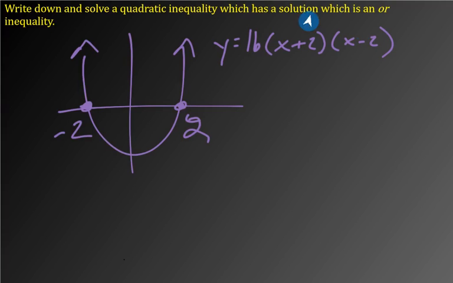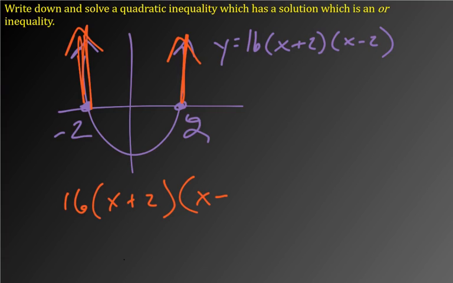So this quadratic could represent this, and we want this quadratic to have an or solution, right? So you want a problem that is split in 2 chunks. The solution needs to represent those 2 chunks. So we want, when is this quadratic greater than or equal to 0, right?